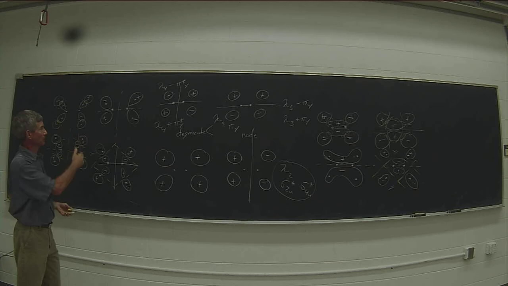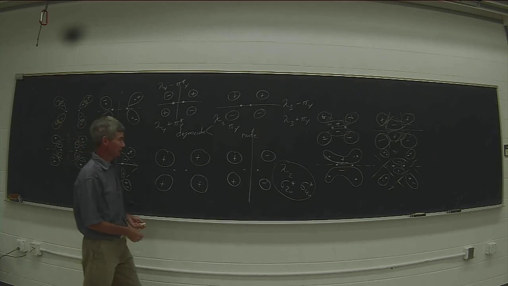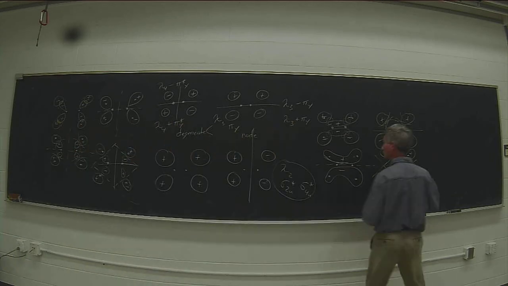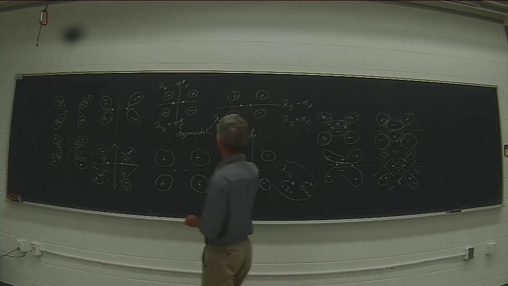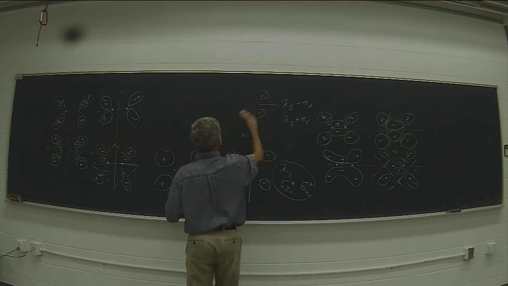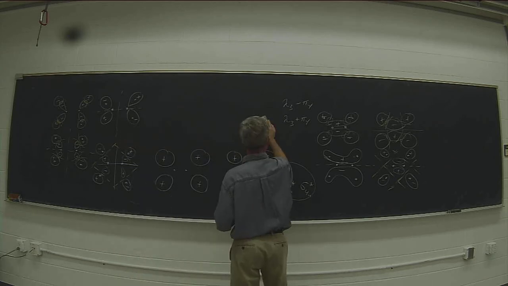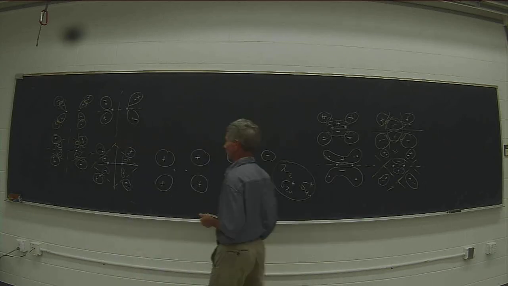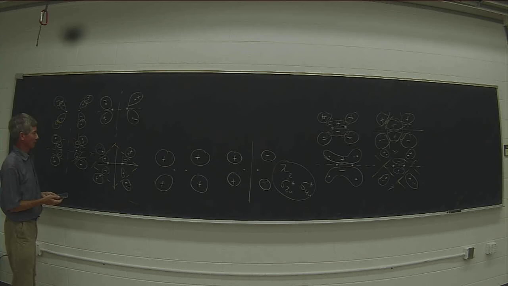So that's the combinations that can be made using the pi y and pi star y orbitals, combining with either lambda 3 or lambda 1.